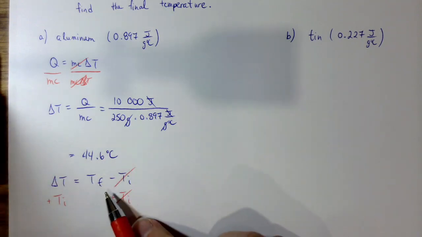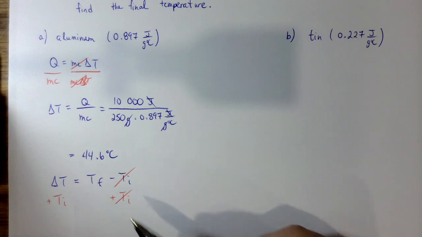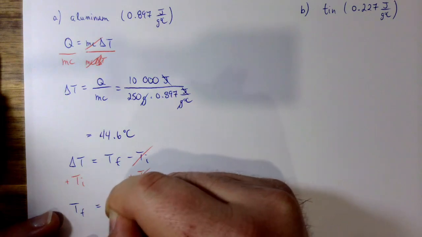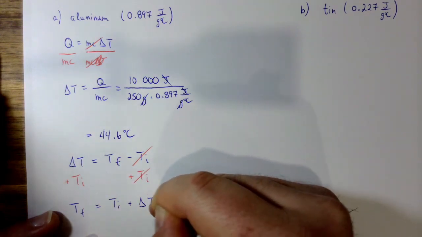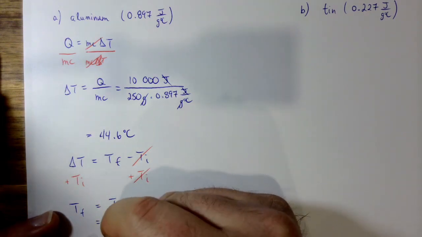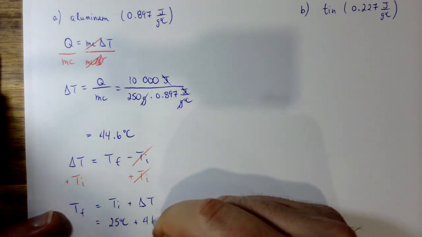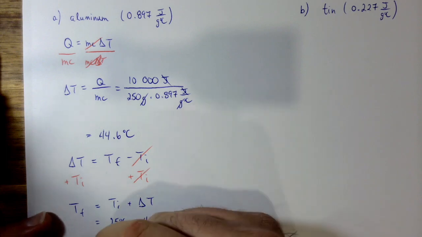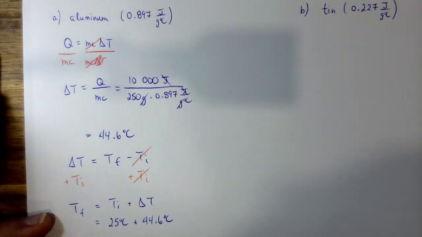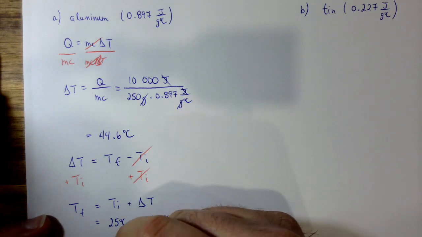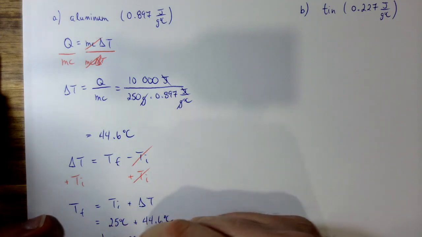So TF was subtracting TI. If I add TI to both sides, I isolate TF. So now I see that final temperature is equal to the initial temperature plus the new change. The initial was 25 degrees Celsius. The change was 44.6 degrees Celsius. I add those, and I get 69.6 degrees Celsius as my final temperature.